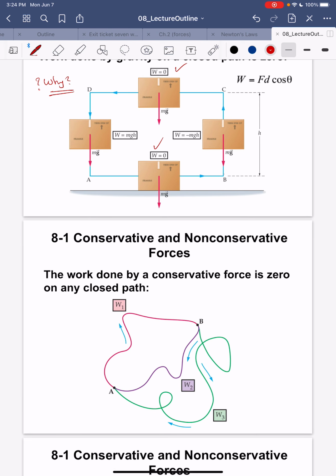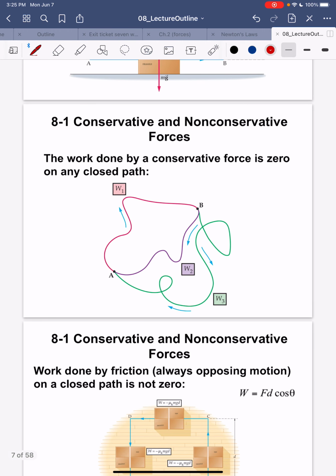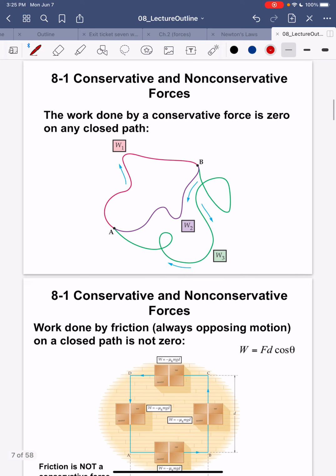So we can differentiate conservative and non-conservative forces: the work done by a conservative force is 0 over any closed path, or we can say that the work done by conservative forces is independent of the path.